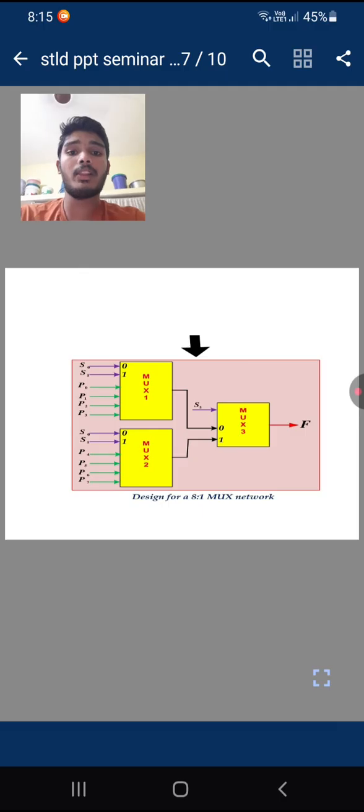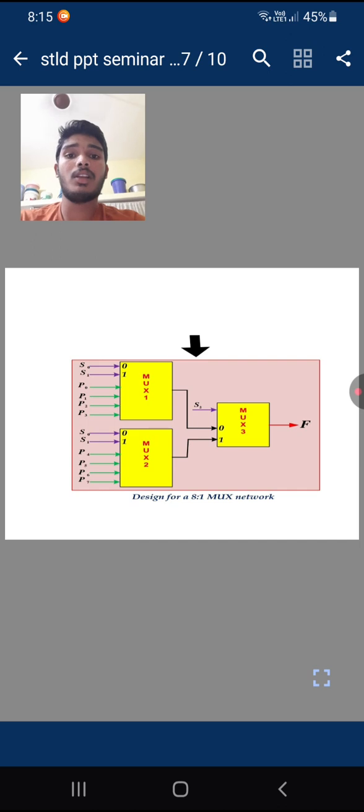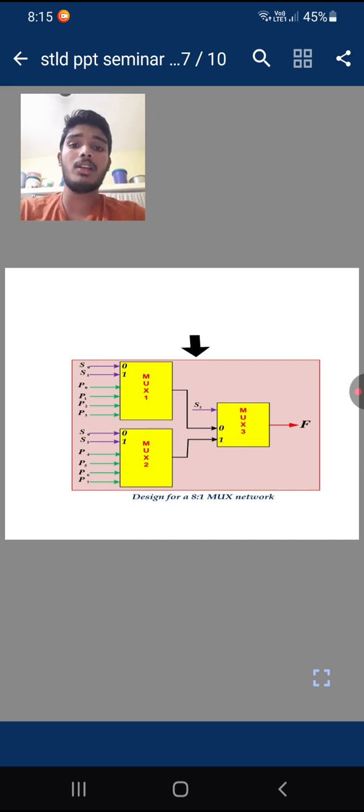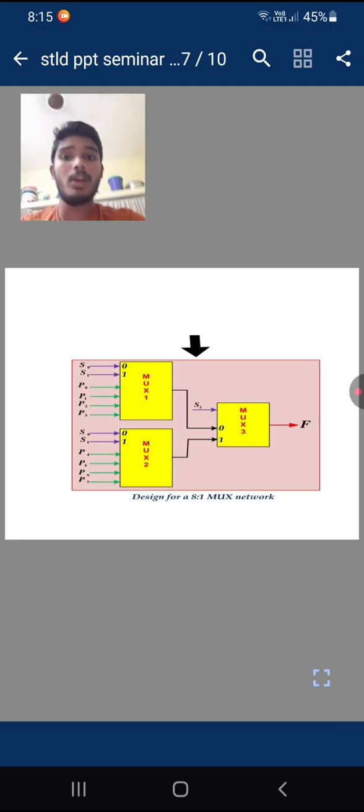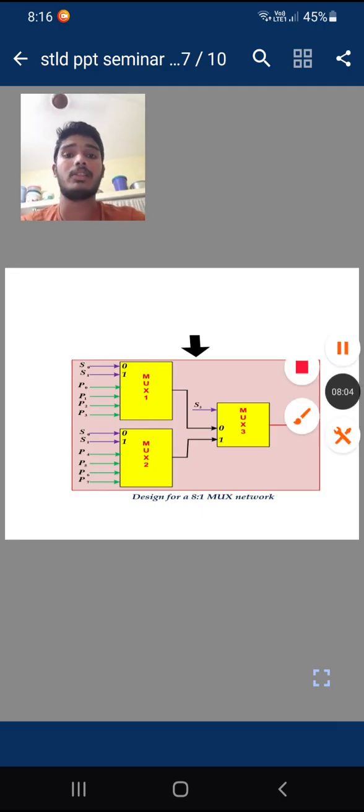The output equation F depends upon the input values and the selection inputs. The 8 by 1 multiplexer output equation is in SOP form, because AND gates are connected to OR gates. Finally, the OR gates are connected to the final OR gate, which is the output value of the multiplexer.